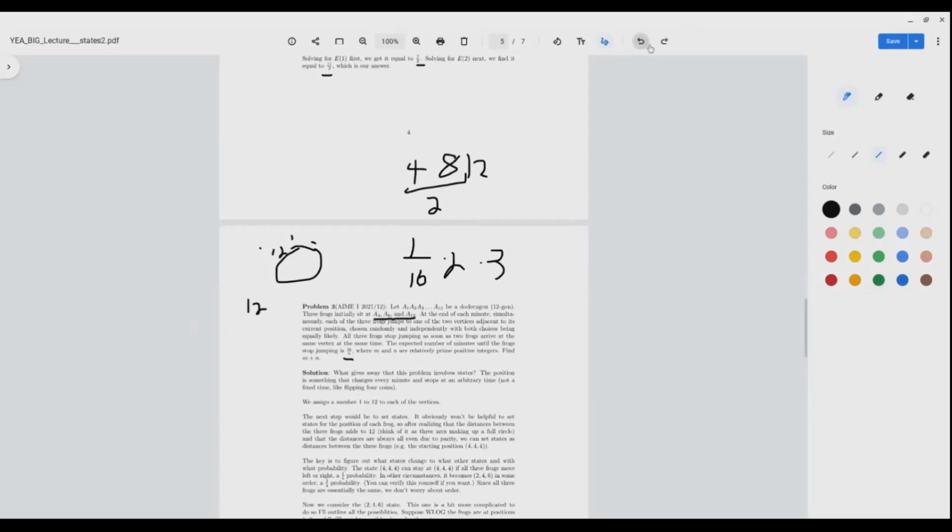So instead of making the states based on which vertex these frogs are at, we can make them based on the distances between each frog. Because for 4, 8, and 12, the answer would be the exact same if it was 3, 7, and 11. It would be the exact same if it was 2, 6, 10. And it makes sense, because it's the same thing as just shifting all the frogs.